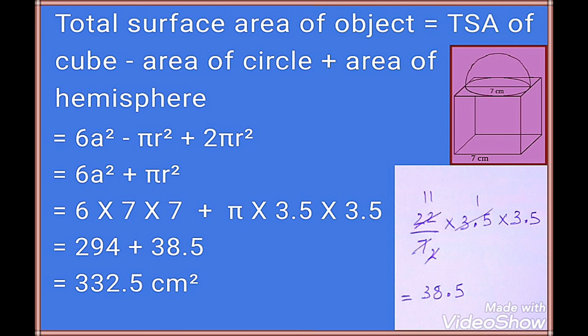Then again 1 7 is 7, 11 2s are 22. Finally when you multiply 11 into 3.5, we will get 38.5. 7 into 7 is 49, 49 into 6 is 294, plus 38.5 is going to be 332.5 centimeters square.